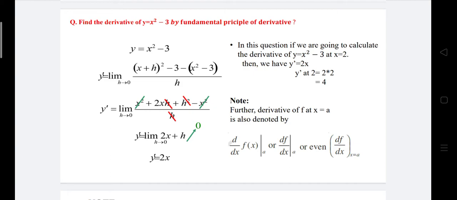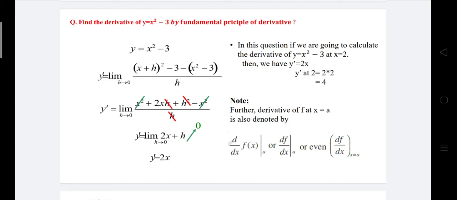Good, then that part will be replaced by x plus h whole square minus 3, minus x square minus 3, then it will be cancelled. Then there will remain the limit as h tends to 0 of 2x plus h. If h tends to 0, then the derivative will be 2x. That means, in simple words, we can define that if y is equal to x square minus 3, then the derivative will be 2x by using the fundamental principle.